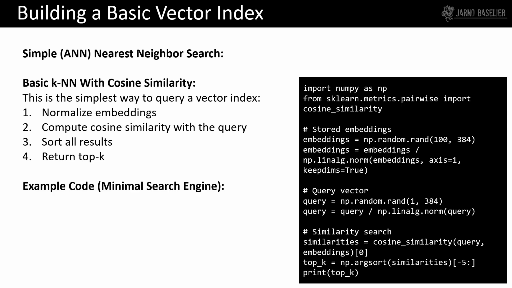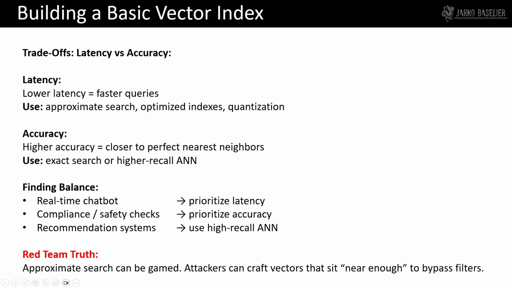And here we have a minimal search engine example code. I guess it's complete, but it is very, very basic. We will see another, a little bit more complete version of this later on. We will have some trade-offs like latency versus accuracy.